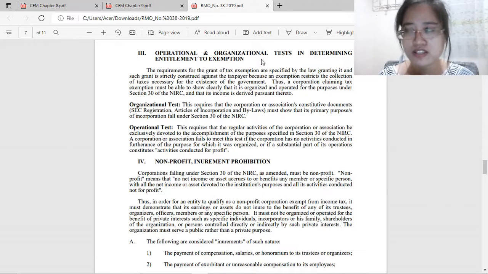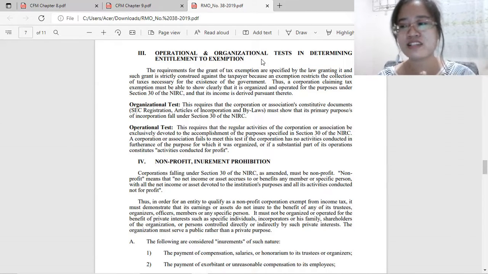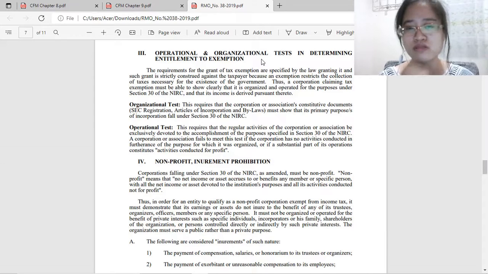Here in the Philippines, before the church and the Bible college are able to avail of the tax exemption, there are certain requirements, and one of them is that they must be in operation for at least 3 years, and they must be able to provide the audited financial statements for those 3 years.